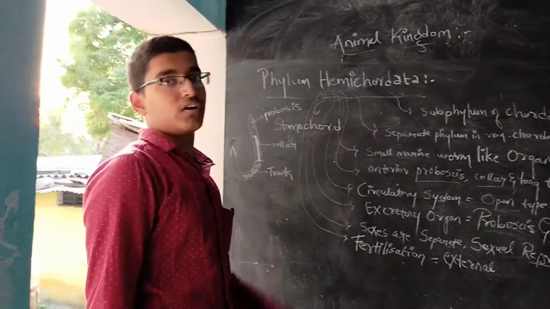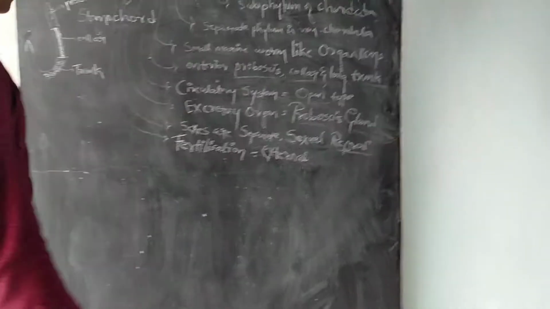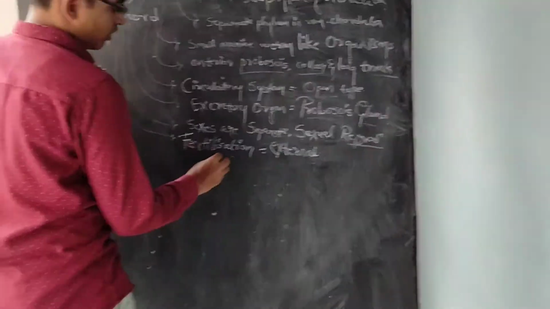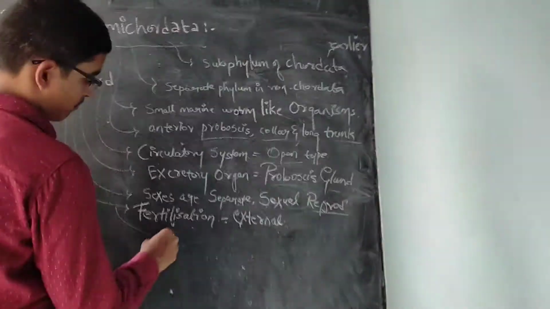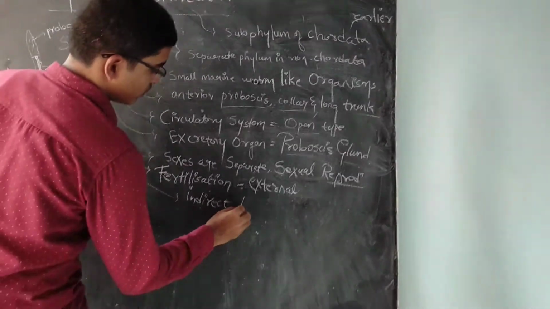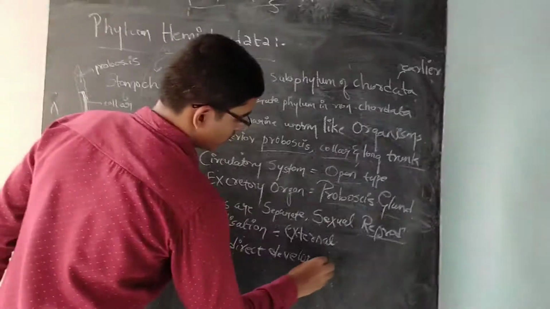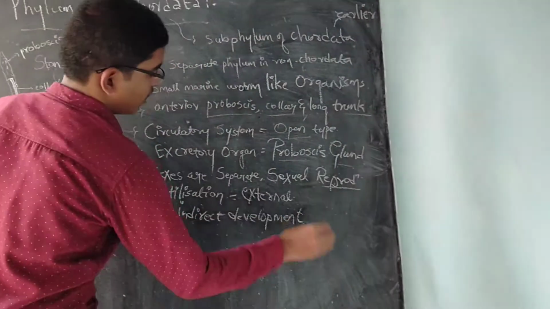Echinoderms and hemichordates usually have external fertilization. Then development is indirect. Indirect development means the young ones don't resemble the parent.